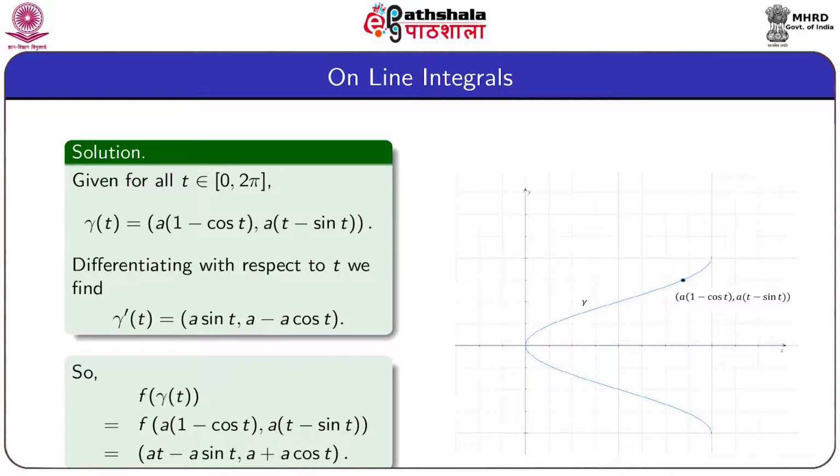Now, for every t in [0, 2 pi], gamma(t) equals (a times (1 minus cos t), a times (t minus sin t)). Differentiating with respect to t, we find gamma dash(t) equal to (a sin t, a minus a cos t). Also, f(gamma(t)) equals f evaluated at the point (a times (1 minus cos t), a(t minus sin t)). So, it equals (a t minus a sin t, a plus a cos t).